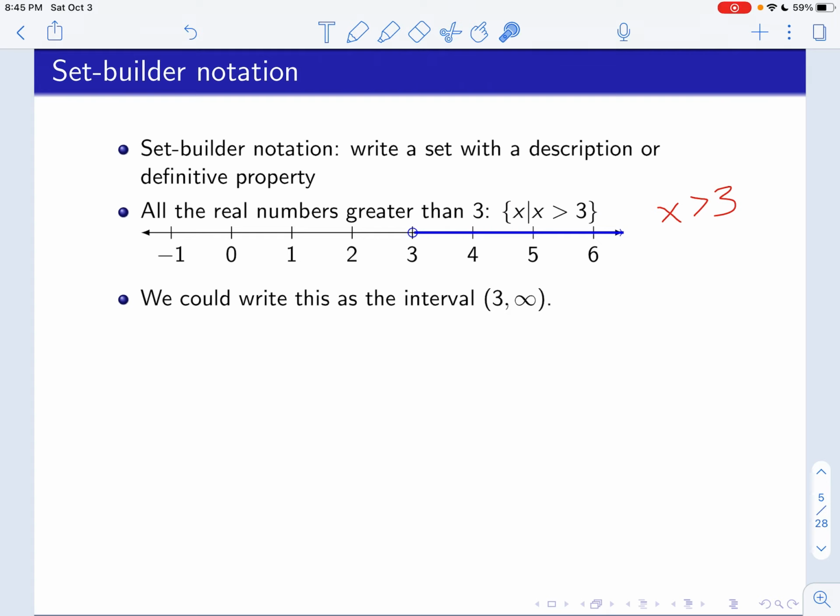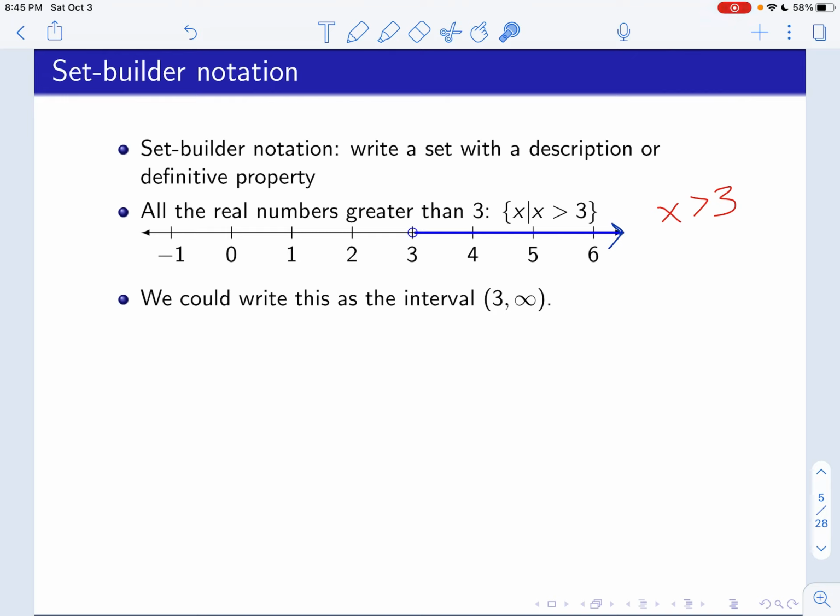We could graph that on a number line. If we want numbers that are greater than 3, that would be numbers like 4, 5, 6, and so on and so forth. The technology here is not great at making the arrow big enough to see, but there's an arrow on the end of that to indicate that it keeps going. Notice that I have an open circle at the end of my blue part here. We'll talk some more about that in just a moment.